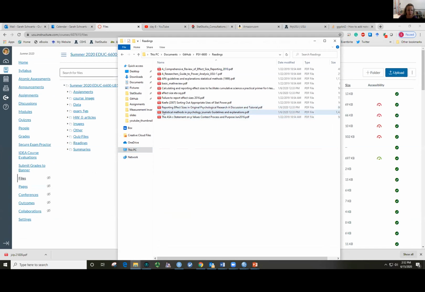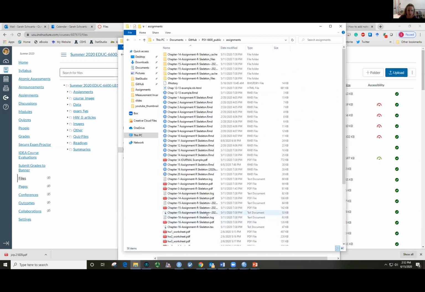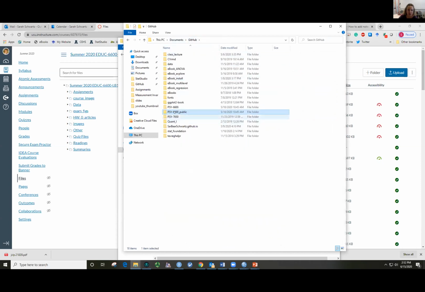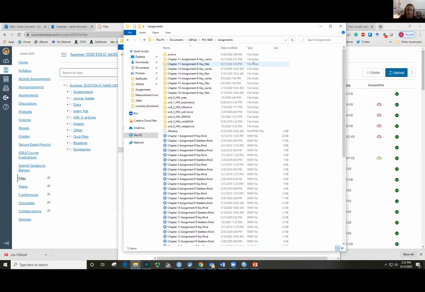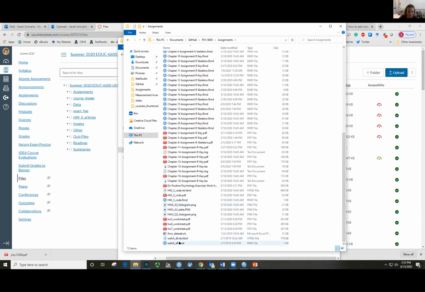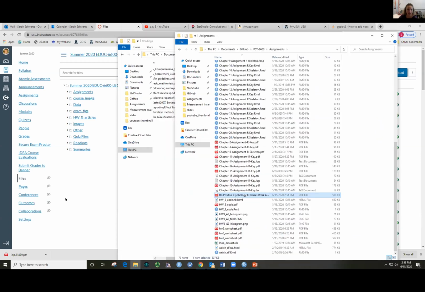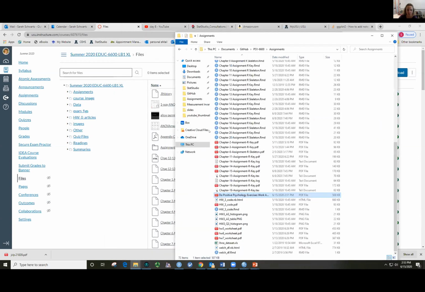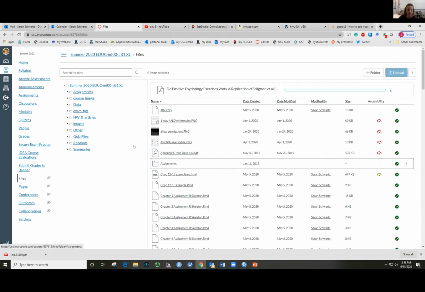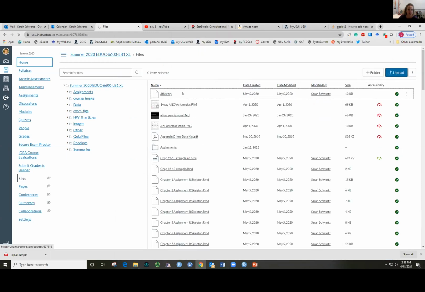Did it not go in here? No. Did it go into here? No, it went into here. Right there. Okay. I'm going to put that there, and I'm going to link it here.